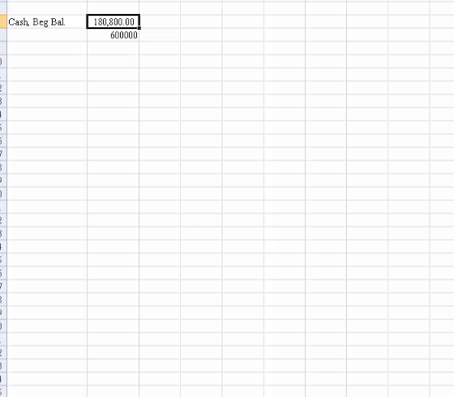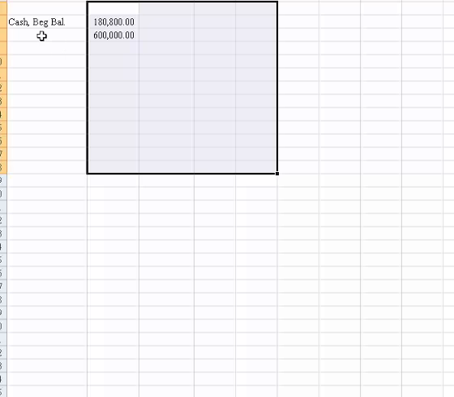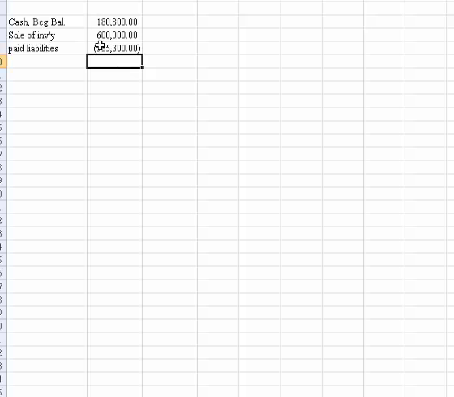And let me format this so everything will look about right. So that was the sale of inventory. Then we paid our liabilities.